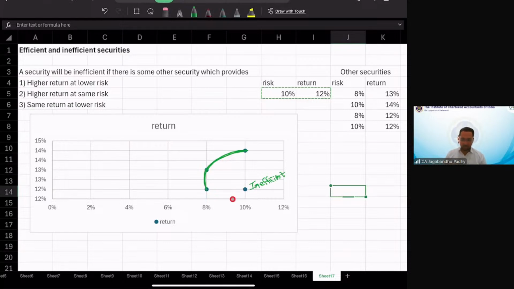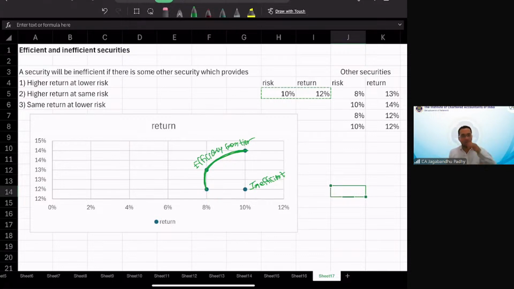And the set of all the efficient securities is said to be the efficiency frontier. All the efficient securities combine together, and the entire line that is formed by efficient securities is called the efficiency frontier.